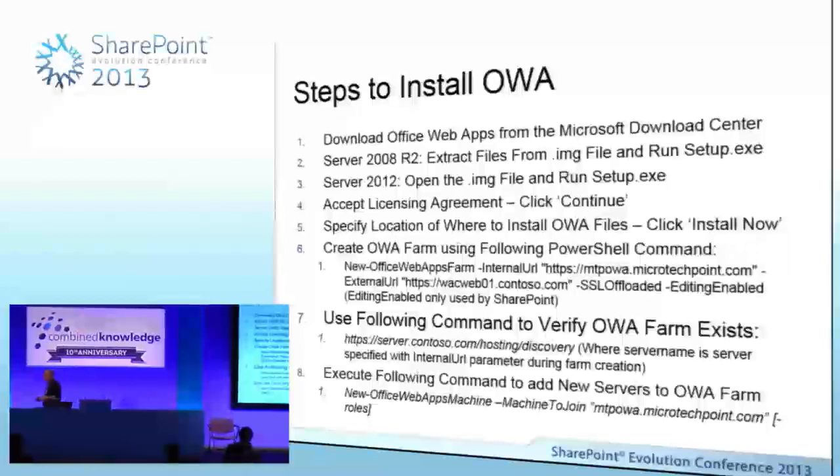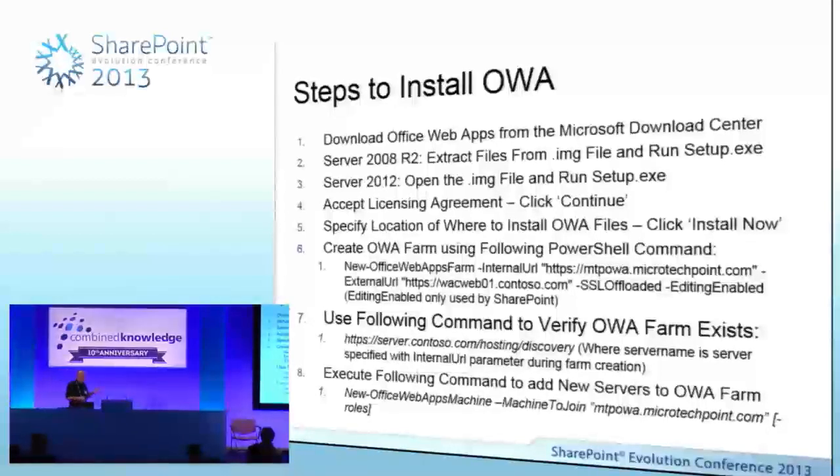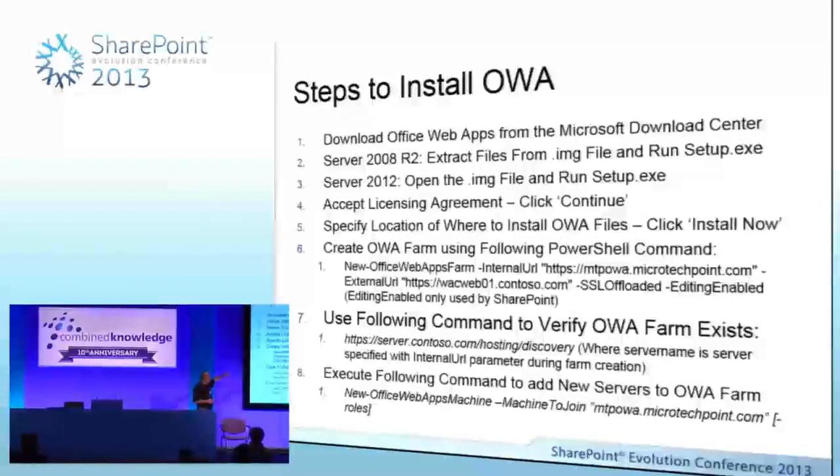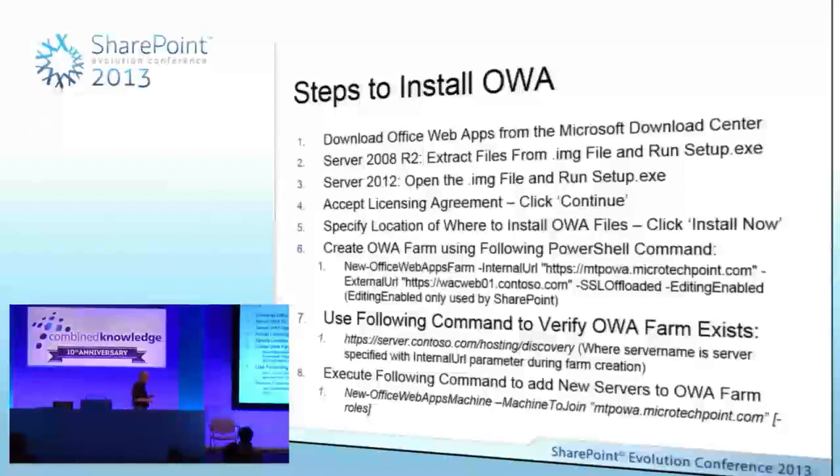And then you can specify the location. I'll show you the default location of where the bits are stored. We specify the location of where we want the bits to be installed. And then we're going to go in and create the OWA farm on that first machine using New-OfficeWebAppsFarm. The internal URL is going to be the name of the server hosting that farm. Mine's going to be called mtpowa.microtechpoint.com. You'll notice all my servers are in my domain called microtechpoint.com.